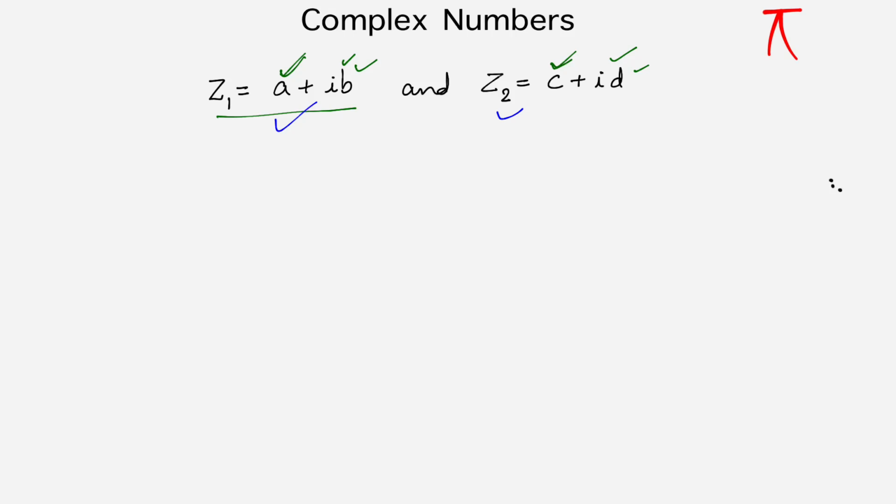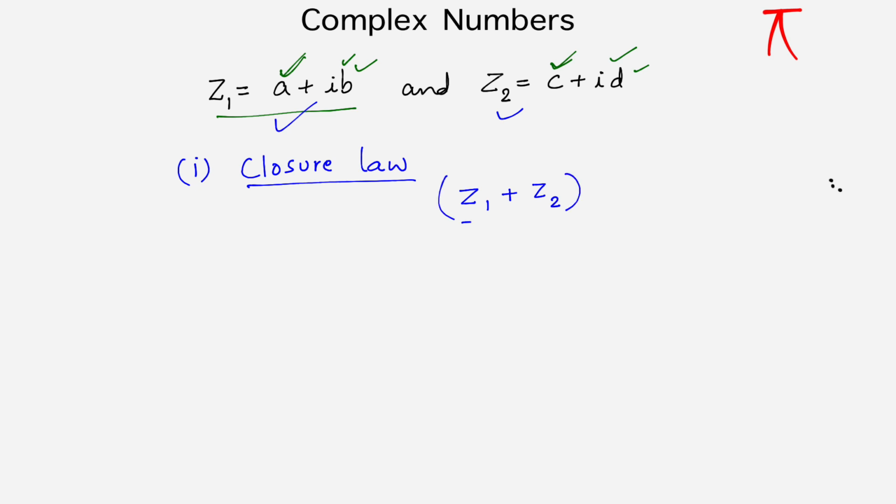The first one is the closure property or closure law. So it says that given Z1 is equal to A plus iB and Z2 is equal to C plus iD, or any two complex numbers, when added, we get a new number, that is Z1 plus Z2.